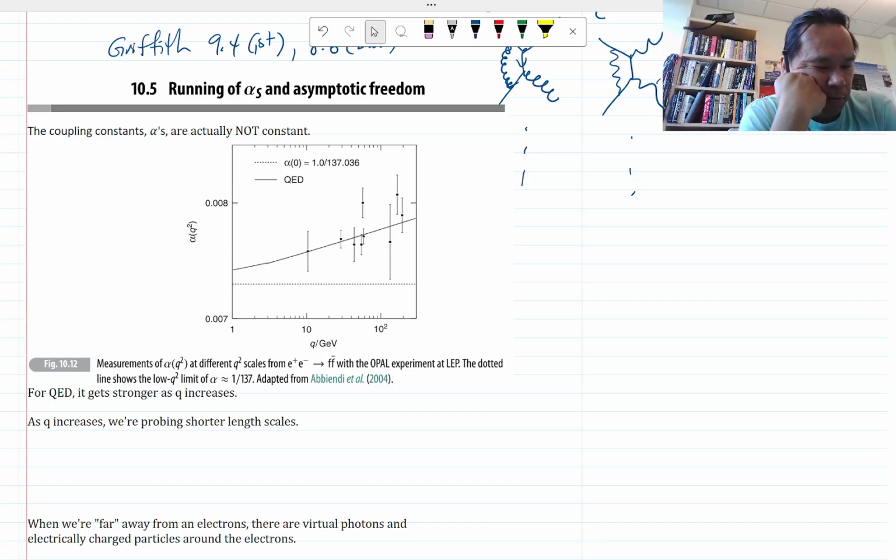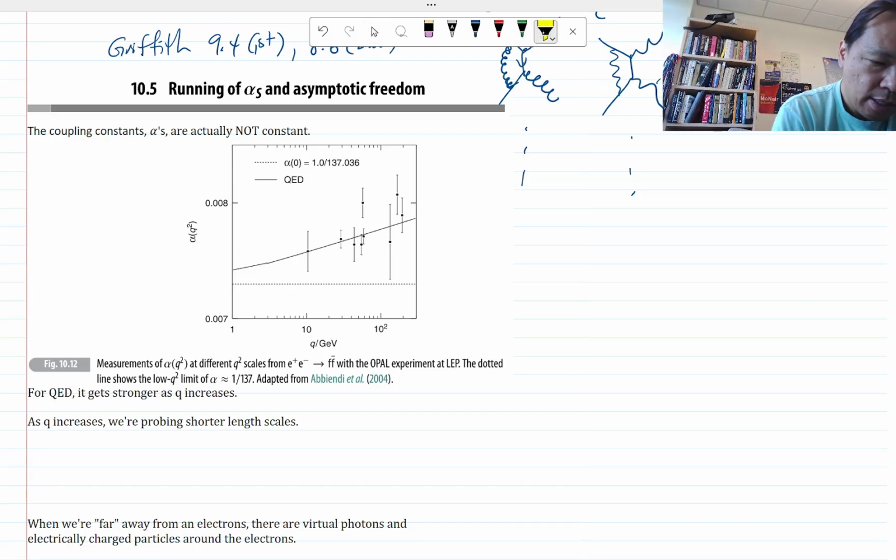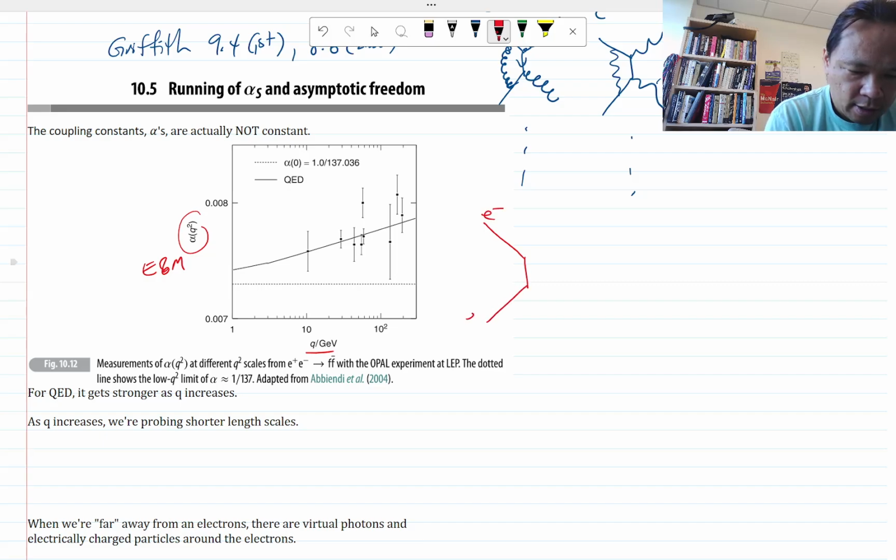One of the things that's really funny is that the coupling constants are actually not constant. If we look at this plot, this is plotting the coupling constant for electromagnetic forces as a function of Q. Maybe you have an e minus and an e plus here, and each of these comes with a coupling, alpha EM.